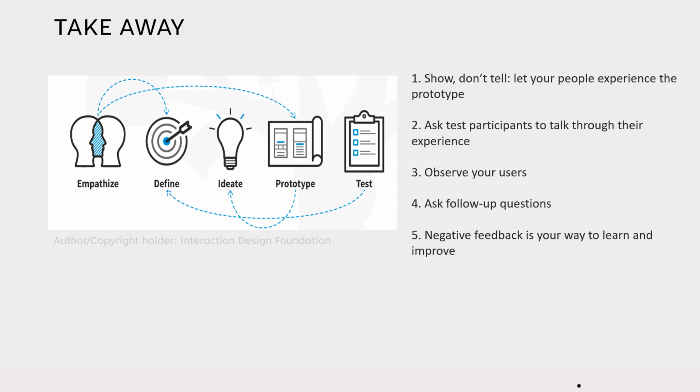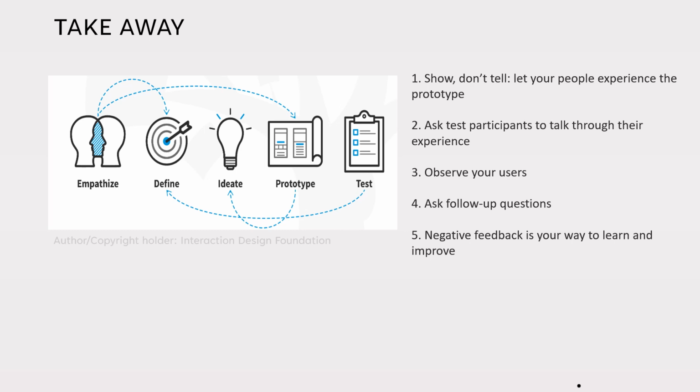Let's look at the takeaways from this session. Testing is the fifth stage in the five-stage design thinking process. You often perform tests together with the prototyping stage. Through testing, you can learn more about users, improve your prototype, and even refine your problem statement. To help you plan a test, there are a number of guidelines that you can follow.